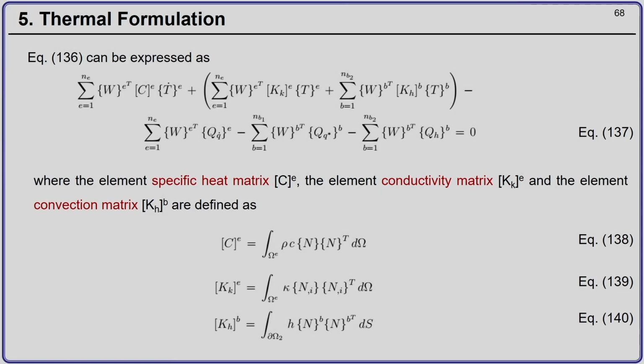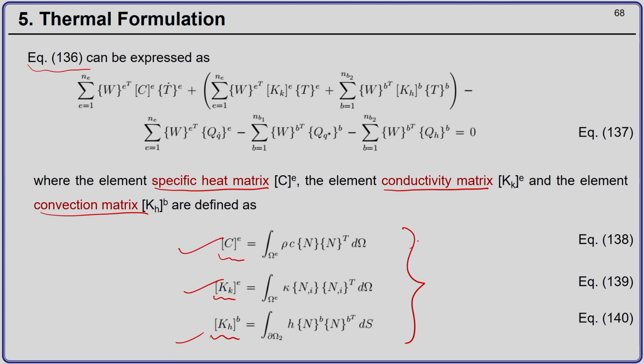Now I can further simplify equation 136 by following the notations given in equations 138 to 140. Here C, K_k and K_h are called the specific heat matrix, elemental conductivity matrix and elemental convection matrix.